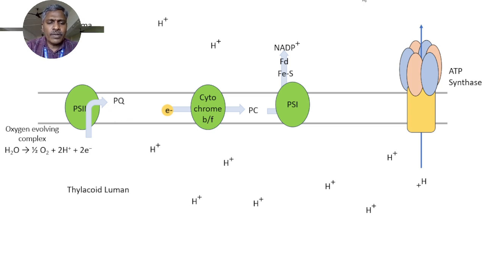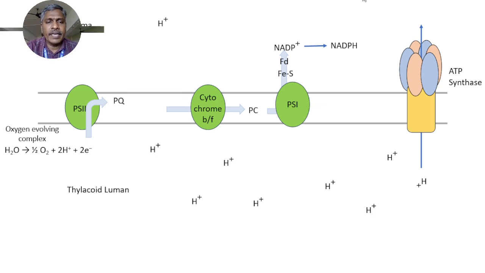From plastoquinone, this electron moves through the cytochrome b6f complex and iron sulfur cluster to plastocyanin. Plastocyanin passes this electron to photosystem 1. Again, when light hits photosystem 1, the electron moves from P₇₀₀ to ferredoxin through a sequence of electron carriers. Ferredoxin gives this electron to NADP+ reductase, which makes NADPH from NADP+.